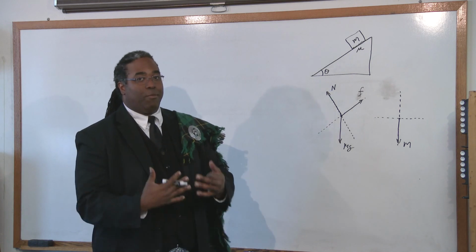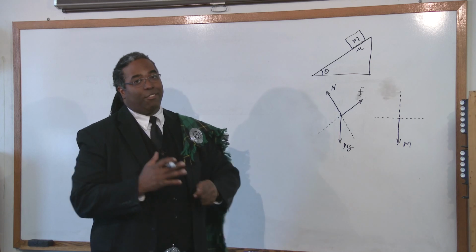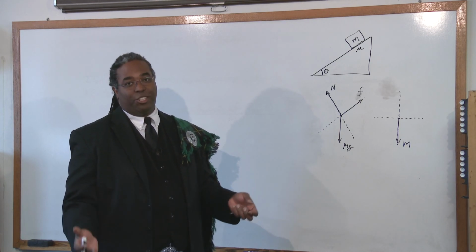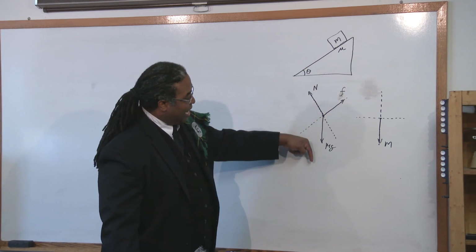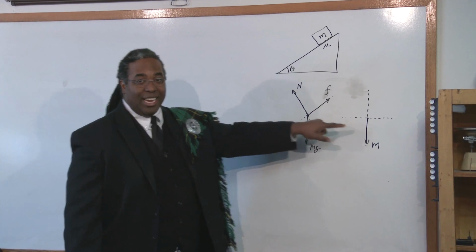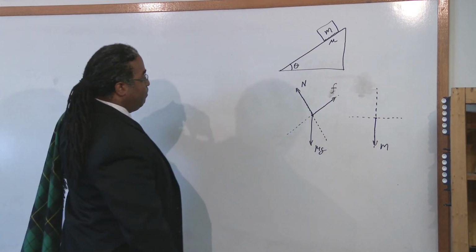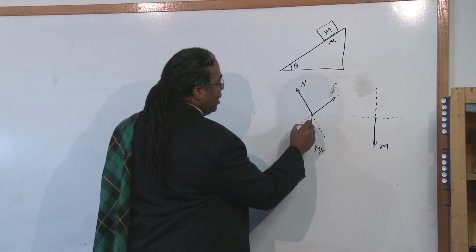And they try to superimpose that concept on the axis when you tilt it. But you have to remember that the forces are independent of the coordinate system that you choose. So if the gravitational force is straight down in this coordinate system, it's still going to be straight down in your tilted coordinate system. Okay? So now we've identified all our forces.